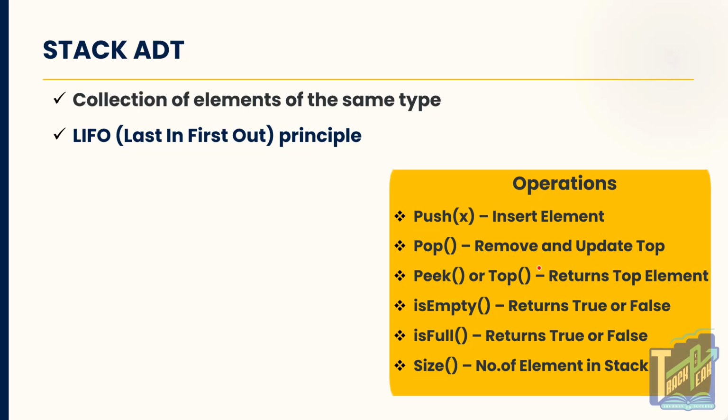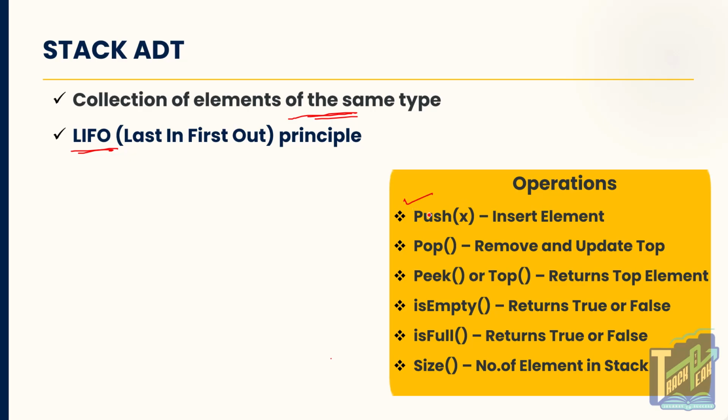Okay, the first example is stack ADT. Stack is a collection of elements of the same type, and the elements follow the last in first out principle. So a stack follows LIFO order. The element which is inserted last will be deleted first. This is the concept called last in first out. These are the operations which can be done in a stack.